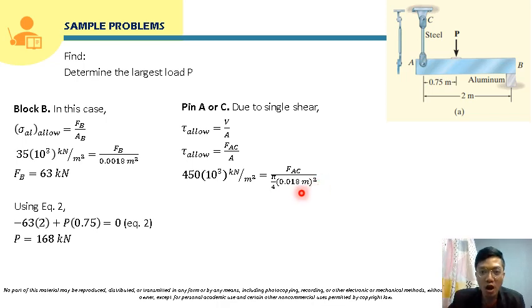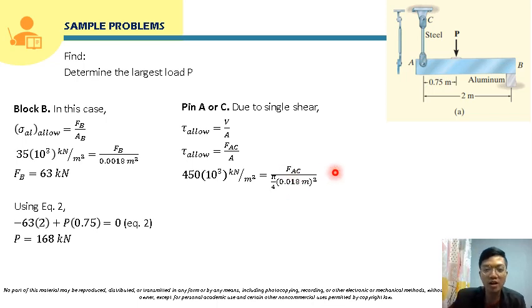The diameter of the pin in the problem is actually 18 millimeter. So we will convert that to meter since our unit here is meter. Again, we have to be consistent with the units. So 18 millimeters will be equal to 0.018 meter.